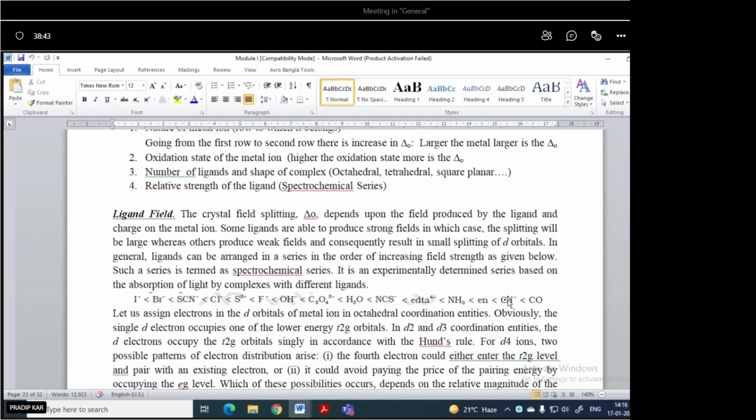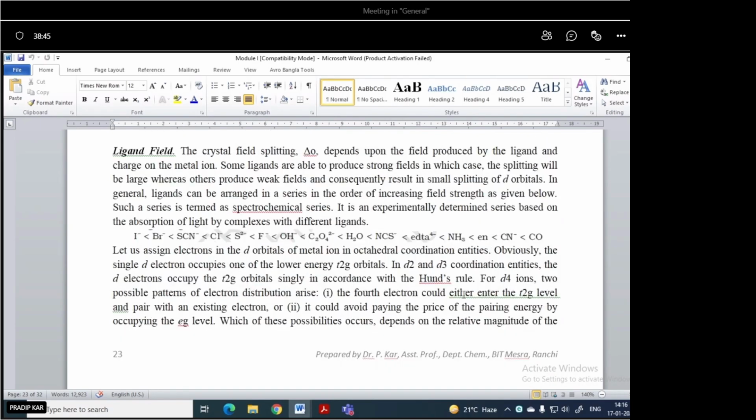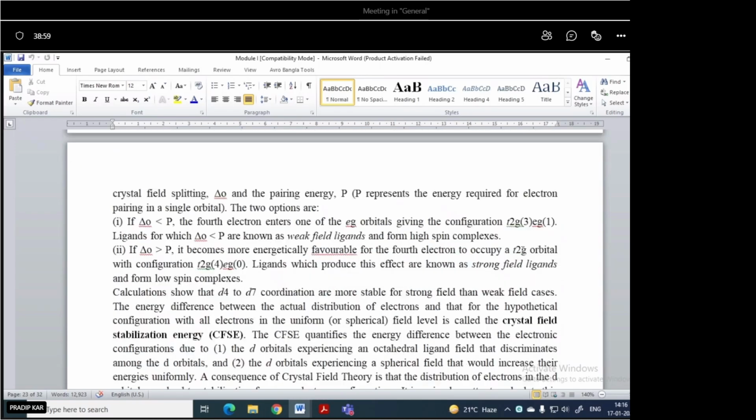Now, if it is forming a complex with CO, here is the actual ligand field theory: how delta octahedral is affected due to the presence of different ligands, that we can explain.